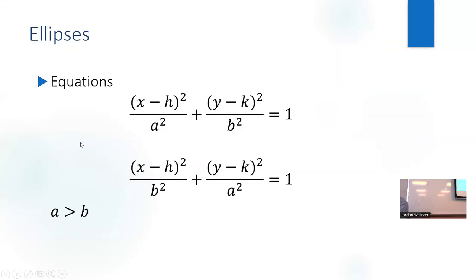Now, the next conic sections are ellipses. Just like the parabola, there's actually two different equations for ellipses.